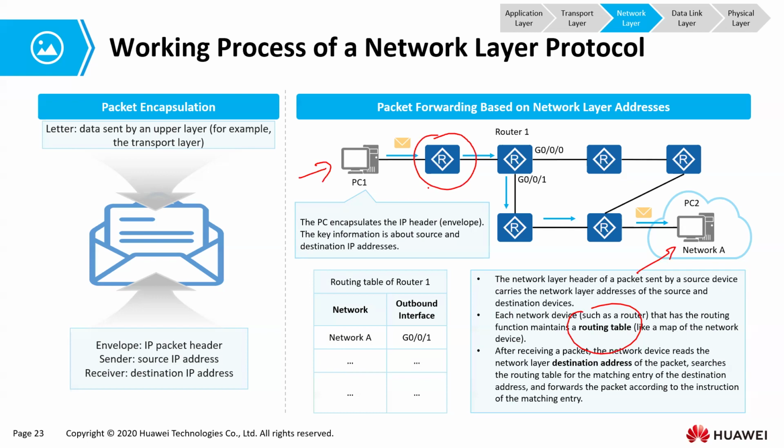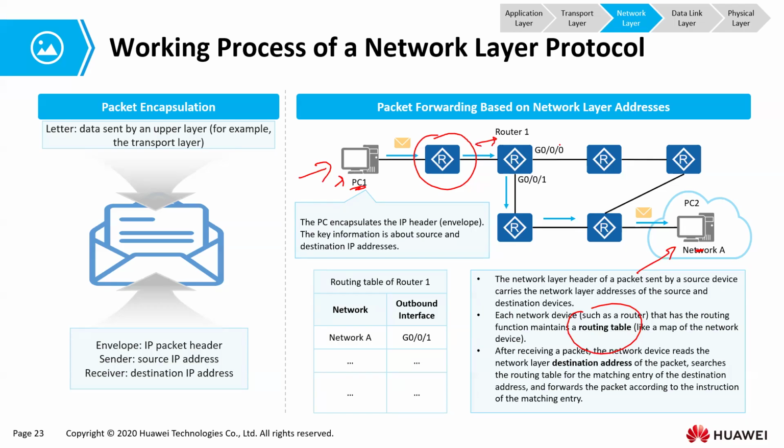At layer 3, what happens? Number 1, IP addressing. My devices have an IP address, which identifies my network. That happens at the network layer. Then when it comes to the routing part, we need to find the best path from the source to the destination.